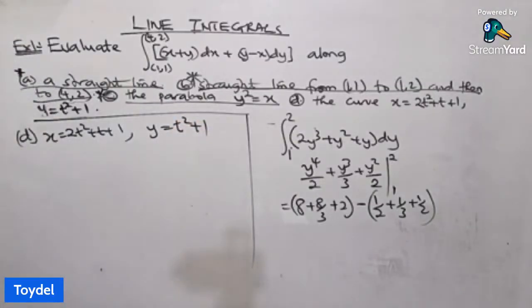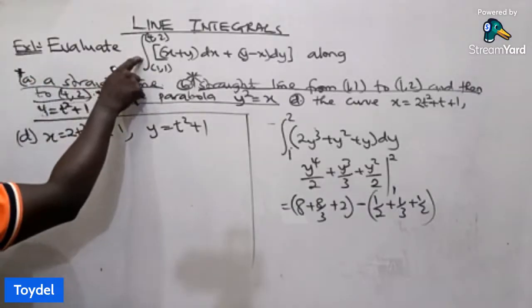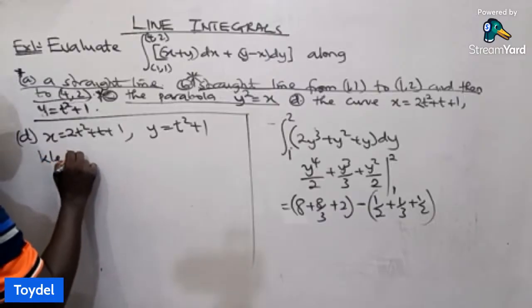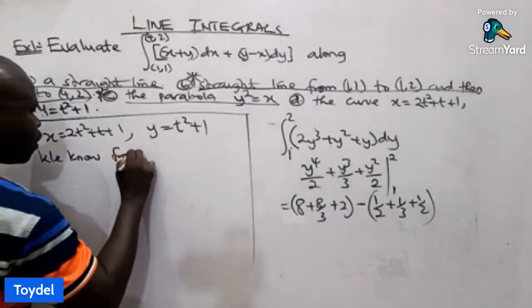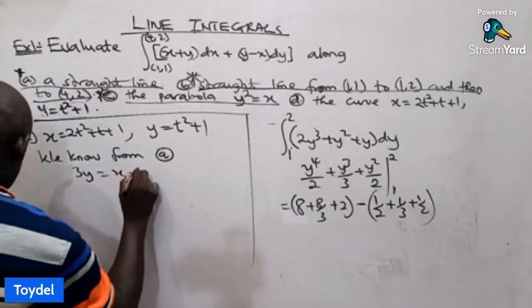So what do we do here? You recall that when we evaluate this line integral along a straight line, we derive a particular equation. We know from the A part of the question that 3y is equal to x plus 2.